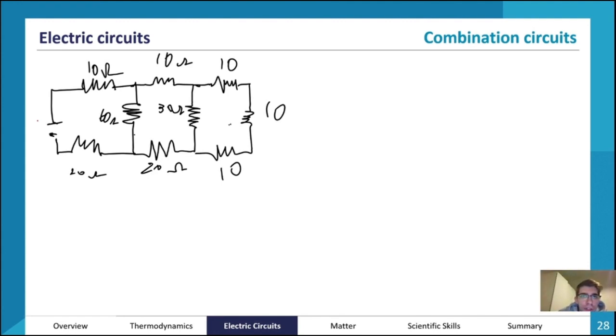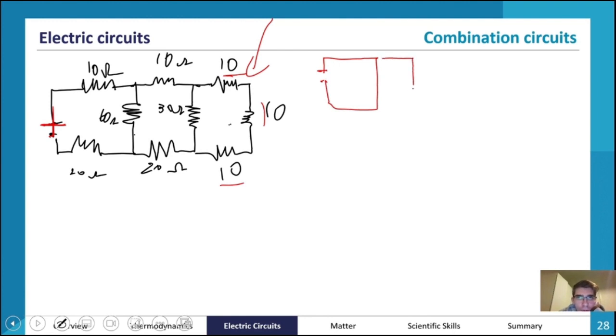What do we see here on the first square or the third square, depending where you're counting from? We always try and find things further away from the two terminals, right? You can see that the 10 ohm here, the 10 here, and the 10 here are basically connected in series to one another. So the trick is to redraw the circuit, right?